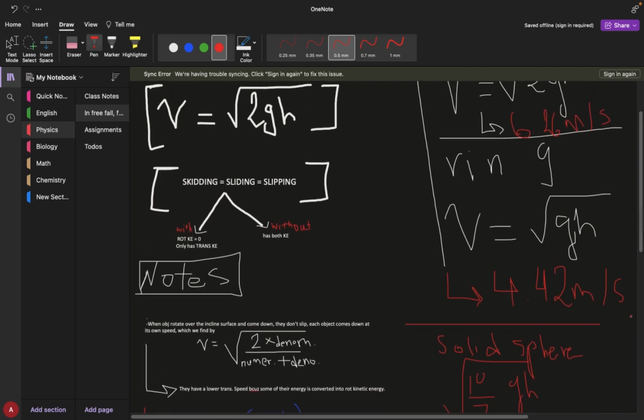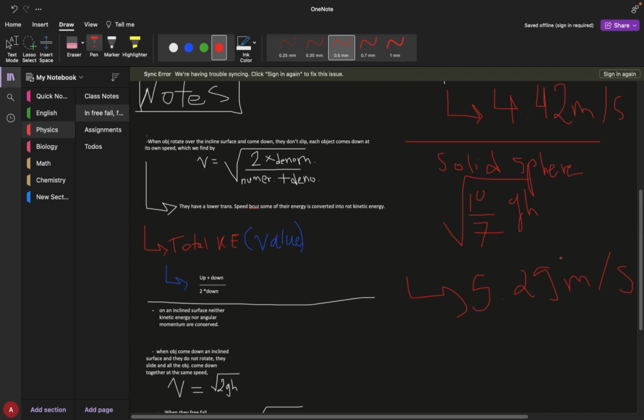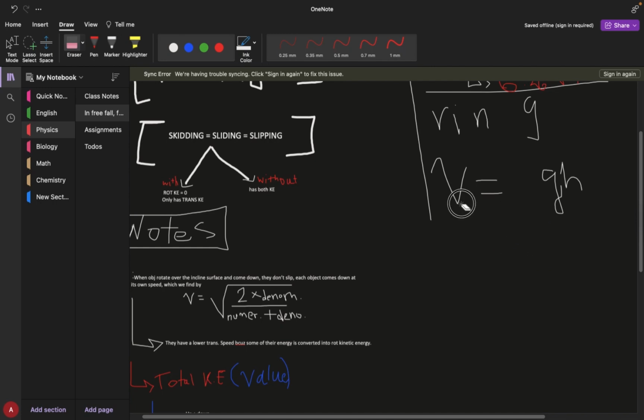Still, guys, look, it's still going to be more than both of them. I'm not making that up. You could check for yourself, but make sure to use the same height because we don't want to cheat. Essentially, the translational speed in free fall is more than that of rolling down.